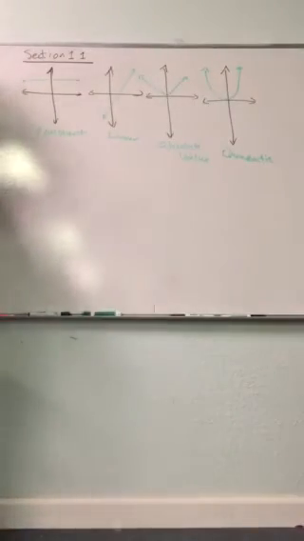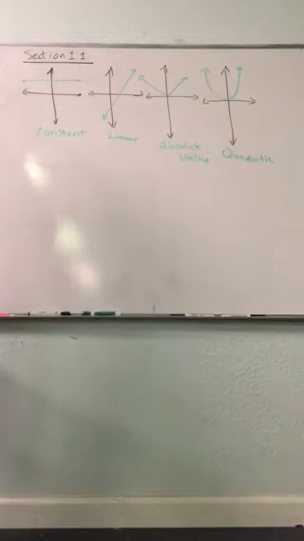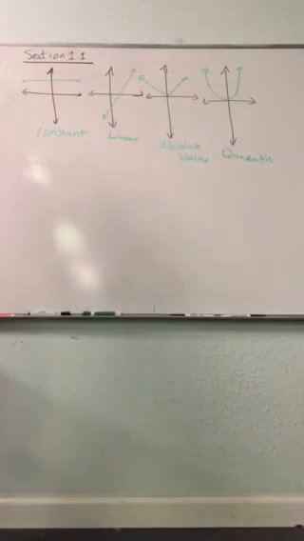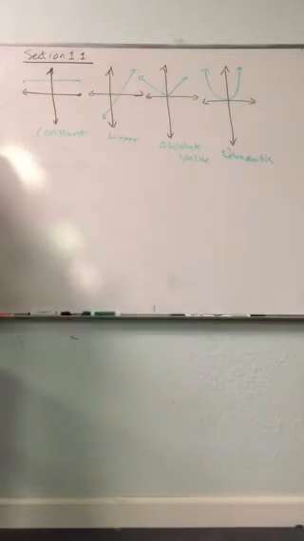So usually when you look at a parent graph, if it's a U-shaped graph, it's probably in the quadratic family. If it's a line that's diagonal and has a slope, it's linear. Constant is a form of linear. And if it's a V-shaped graph, it would be an absolute value graph.